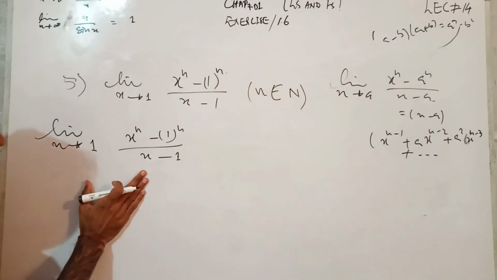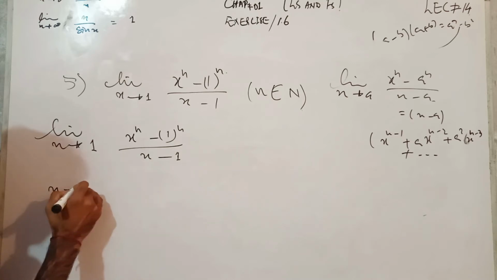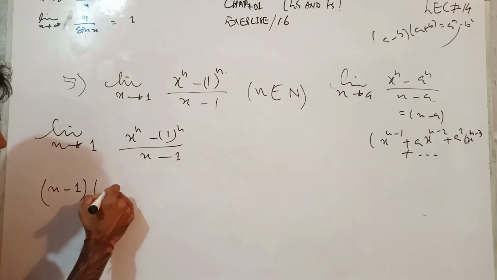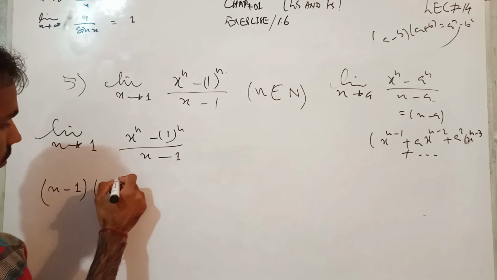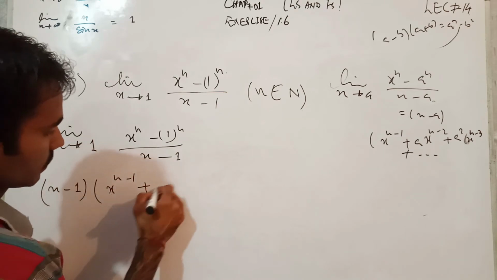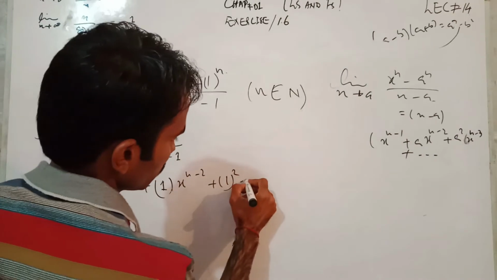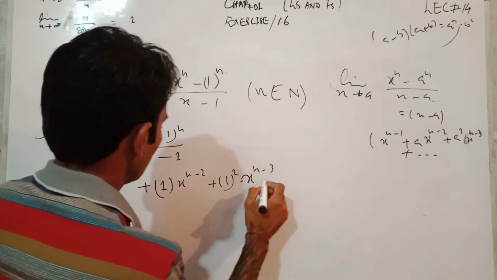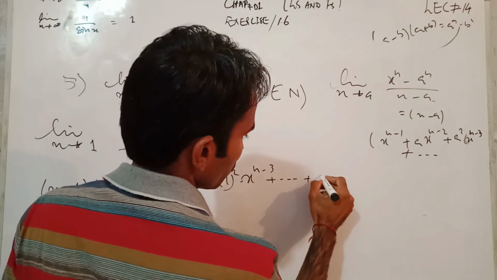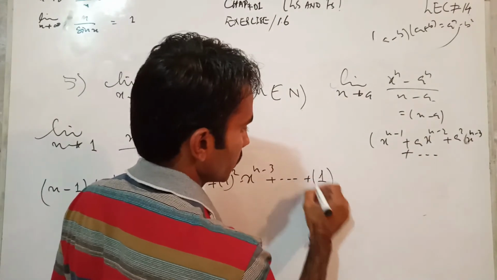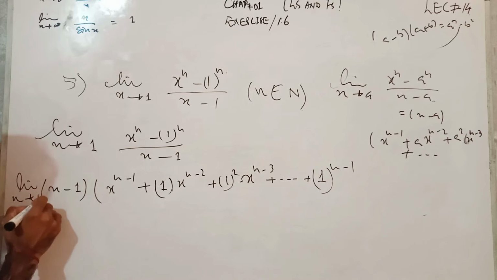When we separate it according to the formula, it would be x minus a, where a is equal to 1, times x power n minus 1 plus 1 x power n minus 2 plus 1 square x power n minus 3, and so on, with limit x approaches to 1.